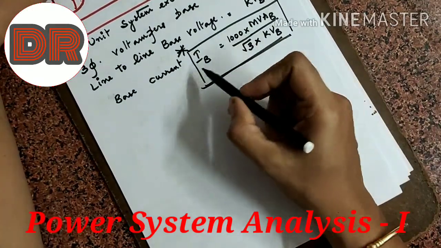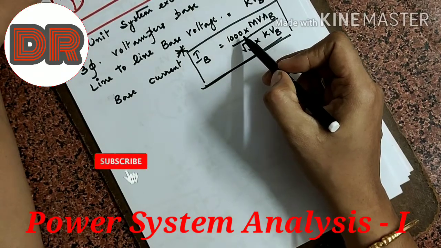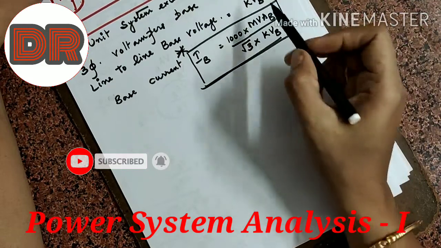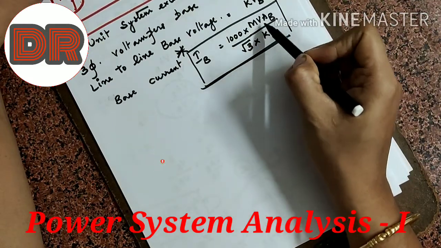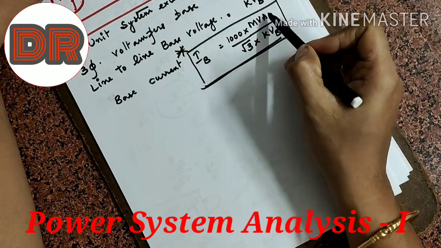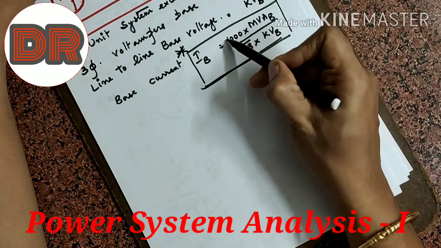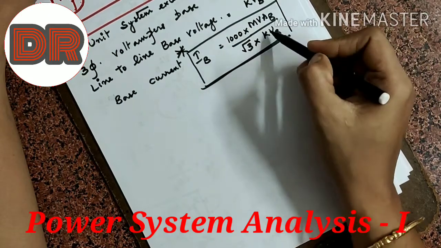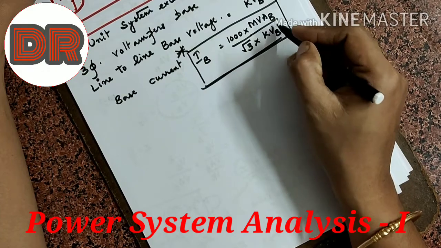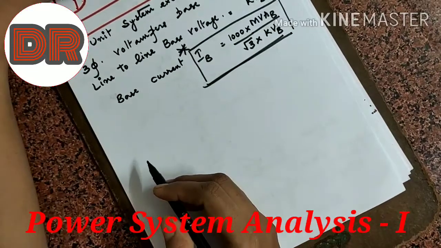IB, that is base current in three phase circuit, is equal to 1000 into MVA base divided by √3 into kV base. Here you need not write 10 to the power 6 for MVA, you just write the MVA value, because we have already compensated 1000 and √3. For kV base also you just write the kV value, don't write 10 to the power 3. So base current can be calculated like this.